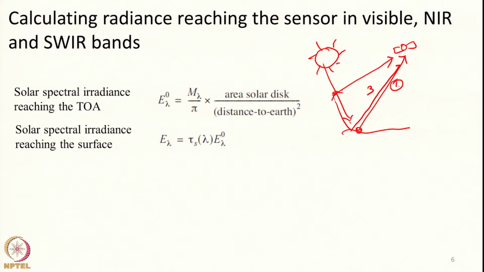First we will talk about path number 1, that is the direct component of solar radiation. We have to first calculate the energy emitted by the sun, what energy reaches the top of the atmosphere, and what energy reaches the terrain, because as the sun's radiation travels through some distance, the energy goes down.